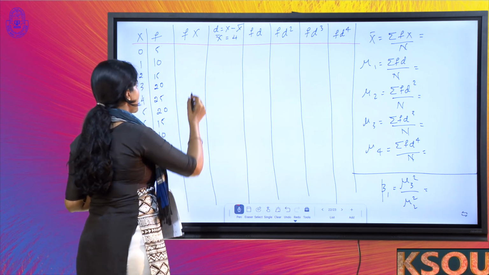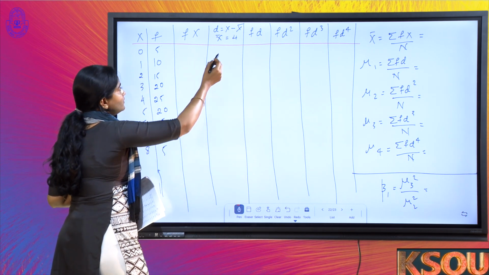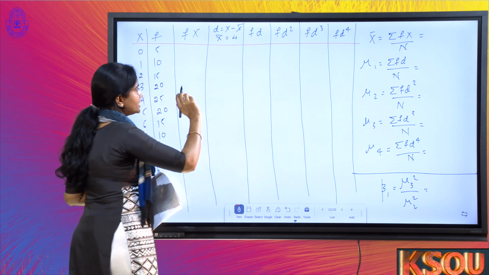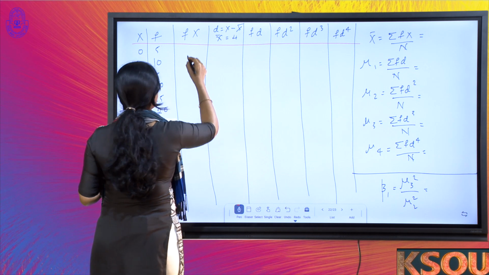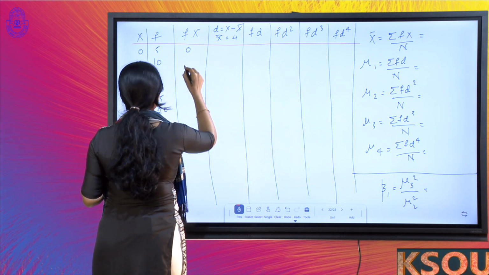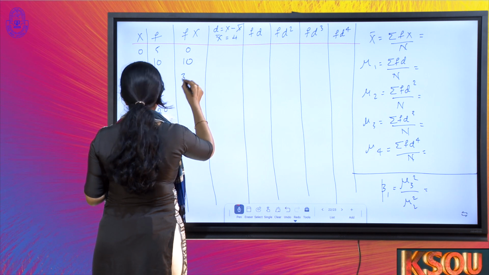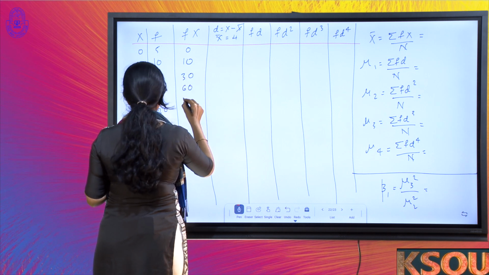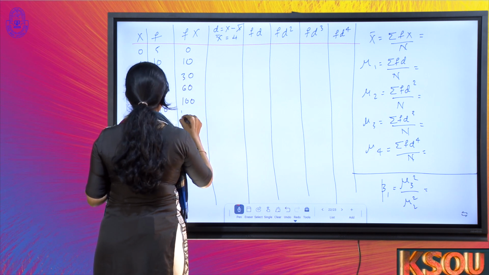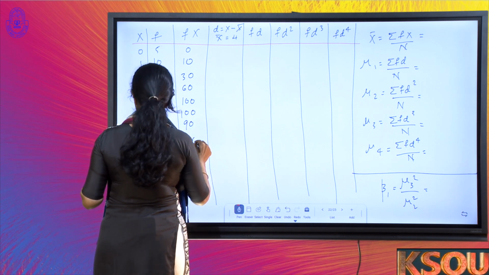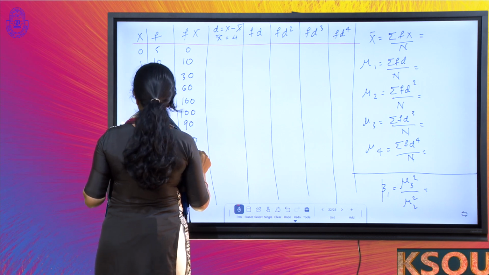Why do we need to calculate fx? We will have to identify x bar. So, if we take that value we will get 0, 10, 30, 60, 100, again 100, 90, 70, 40.